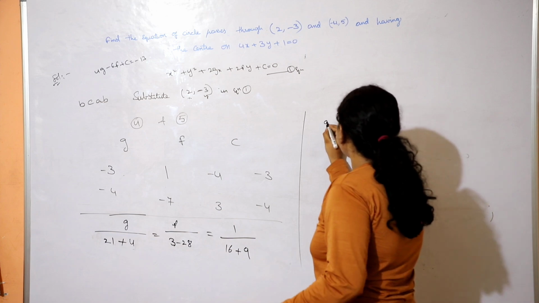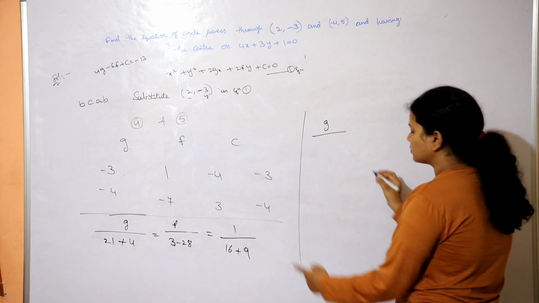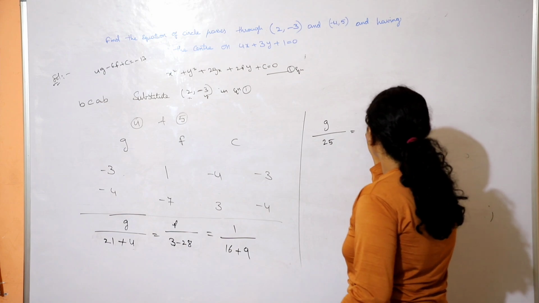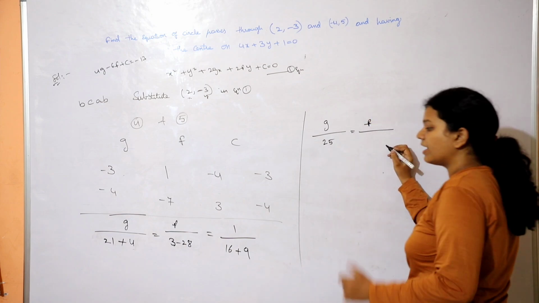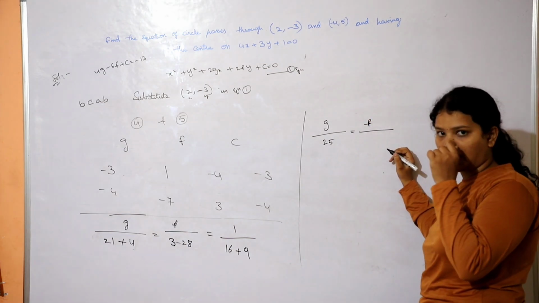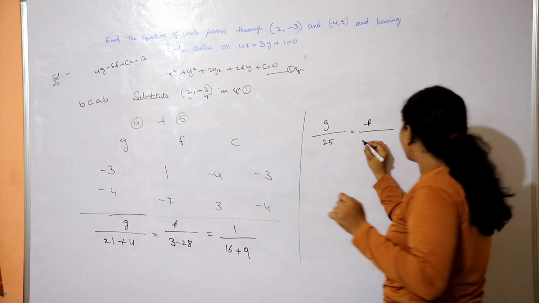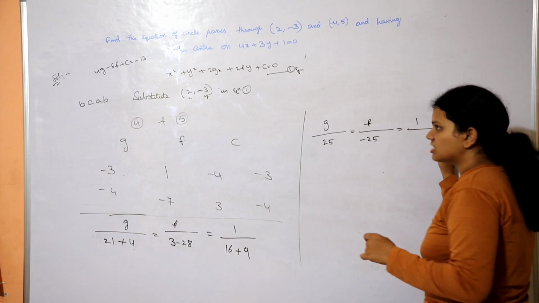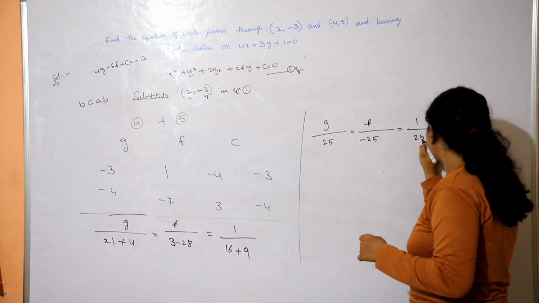Okay? So g by, what is the value of 21 plus 4? 25. All right. Again, f by, what is the value of 28 minus 3? Minus 28 plus 3, minus 25, which is again 1 by 16 plus 9, which is 25.